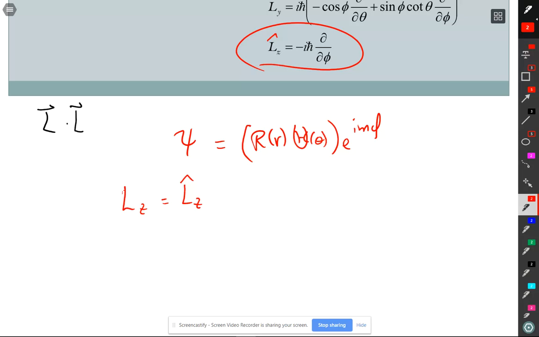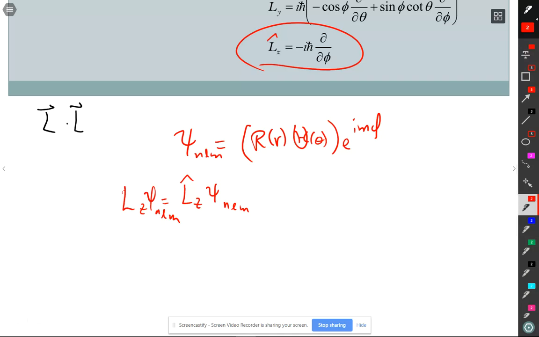Well, what is the operator eigenvalue, eigenstate relationship? That the operator acting on the function gives the value times the function. Right.